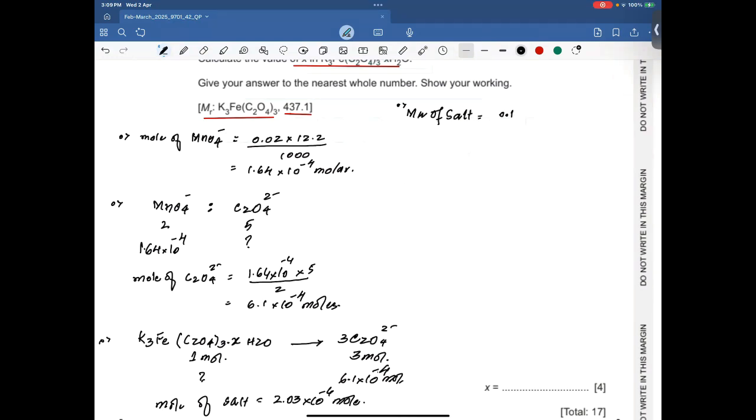Mass is 0.1, moles is 2.03 × 10^-4. So the Mr of the salt is going to be 491.80.